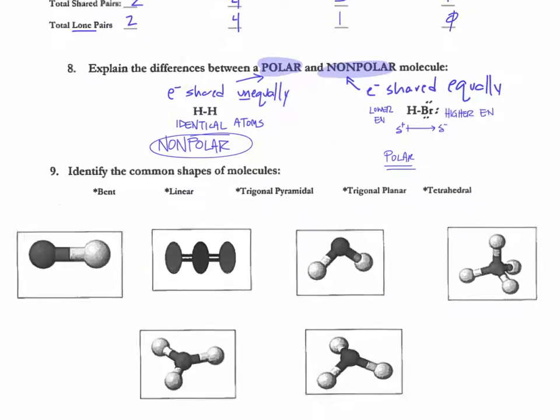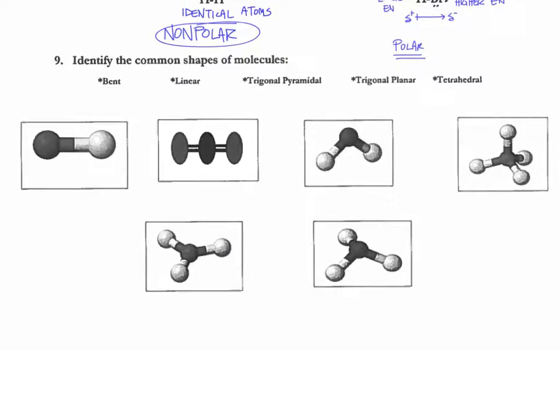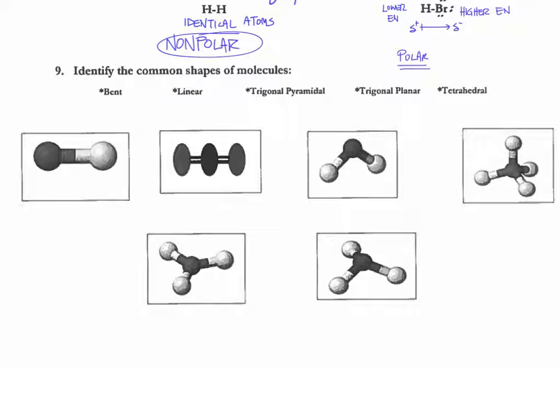And the last part is identifying the shapes and the geometry of the molecules. When I look over here at my first one on the left, it looks like a dumbbell. This is between two atoms, so this is considered a diatomic molecule. Diatomic molecules always have the same shape.